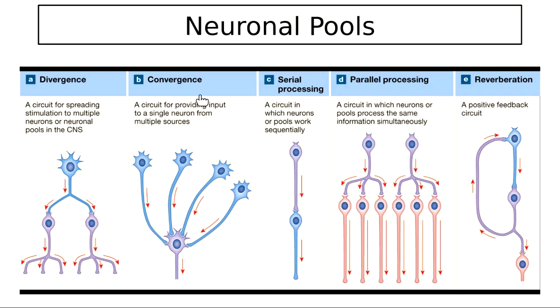Now we have something that's before here called regeneration. This process can occur only if the cell body of the neuron is not damaged, and if the oligodendrocyte does not degenerate, if it hasn't been damaged also.